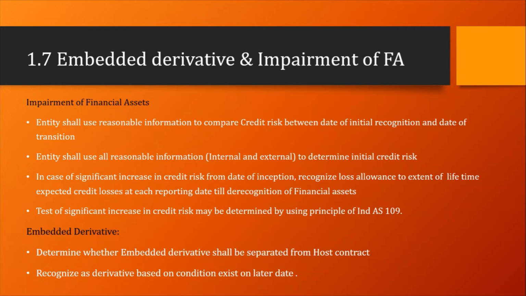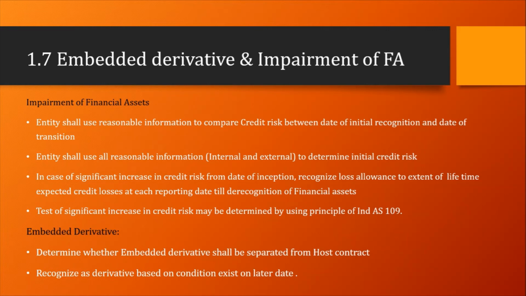First of all, the embedded feature must meet the definition of a derivative. Second, the economic characteristics or risks of the embedded feature are not closely related to the host contract, meaning the economic characteristics and risks of the embedded feature are related only to the derivative. Third, and a very important point, the combined contract, meaning the overall hybrid contract, shall not be measured at fair value, and any change in the fair value will not be recognized in the P&L account. If the combined contract is already accounted at fair value, there is no need to separate it.